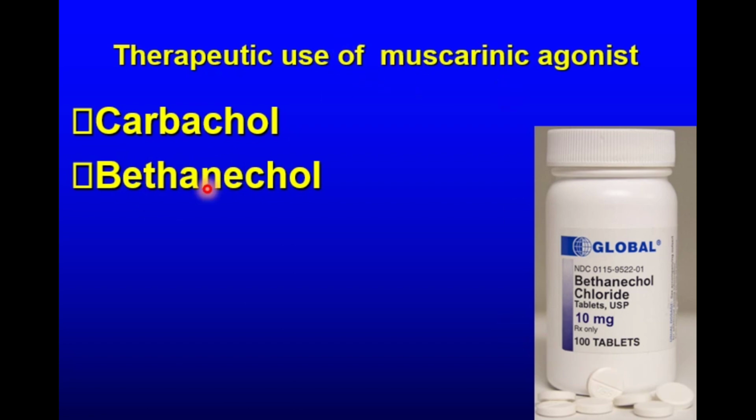Carbachol and bethanechol are used to stimulate the activity of smooth muscle of gut, bladder, and ureter.